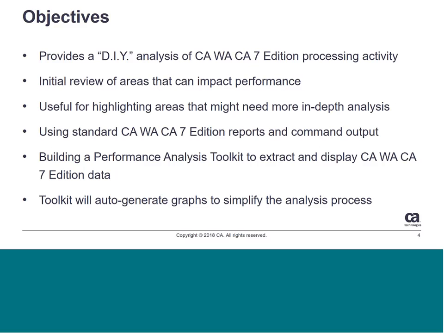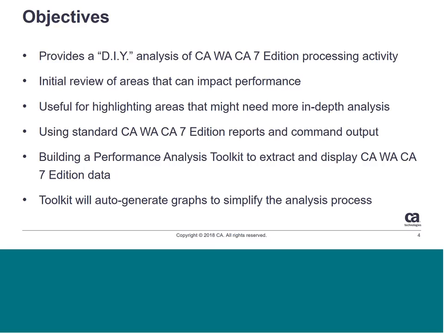Basically, it's just an initial review of various areas that can impact the performance of CA 7. And as I said, it's useful to highlight areas that you may then want to have a look at in more detail. And it all uses standard CA 7 reports and or command output available. There's nothing special about it.